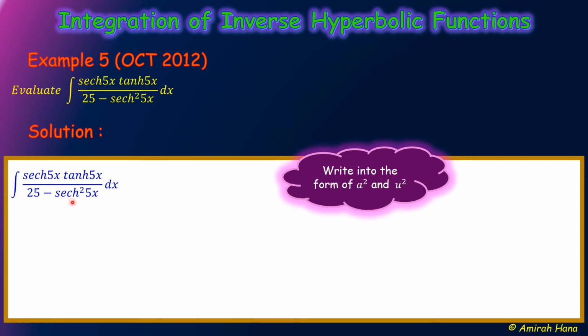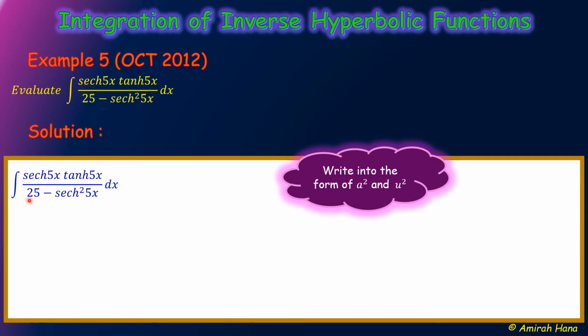After we identify the suitable u, we can write the denominator into the form of a squared minus u squared. Because we chose u equals sec 5x, we can write u squared here, and a constant squared.